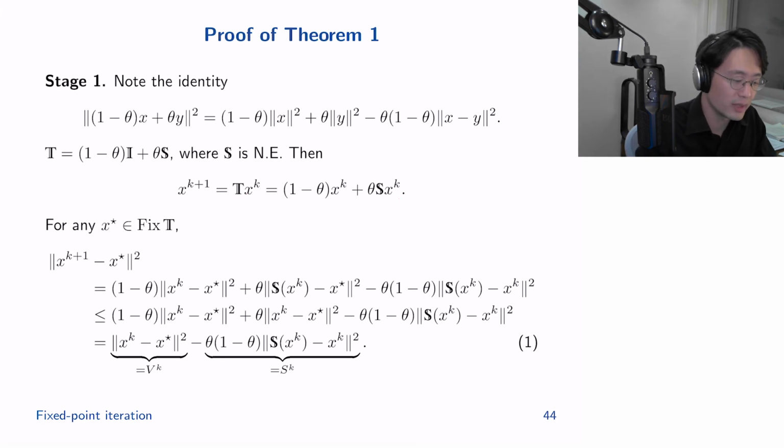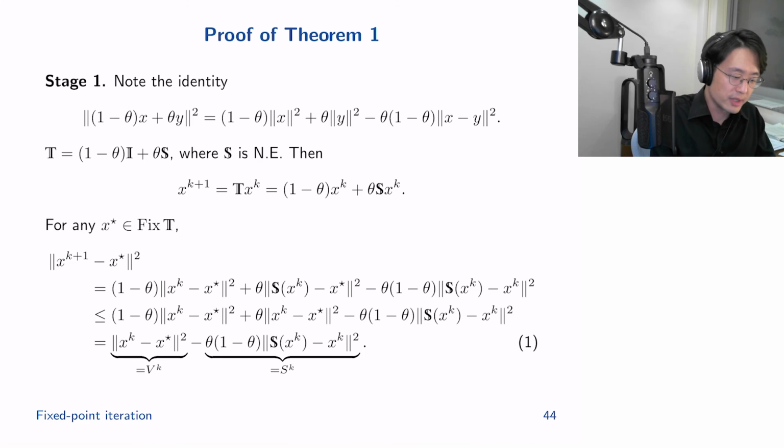We plug in T equals (1 minus theta) I plus theta S, so we get x_k here, a convex combination of x_k with theta S of x_k. Now we let x star be any fixed point of our operator T, and we establish a bound on the distance of x_{k+1} to the solution.